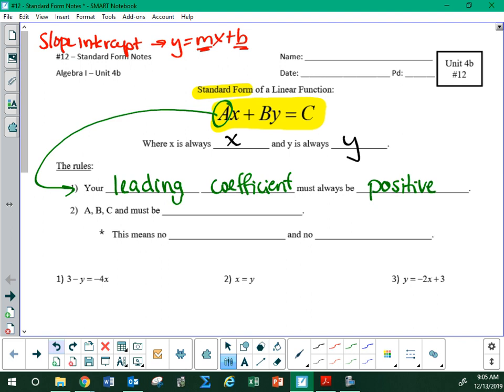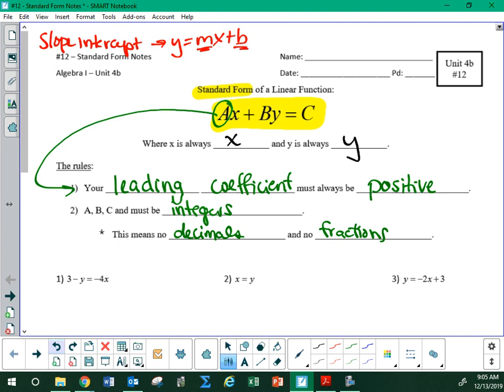And then as we said, a, b, and c, so these numbers here, must be integers. So that means no decimals and no fractions. But it can be negative.